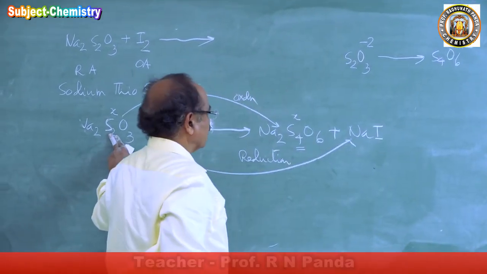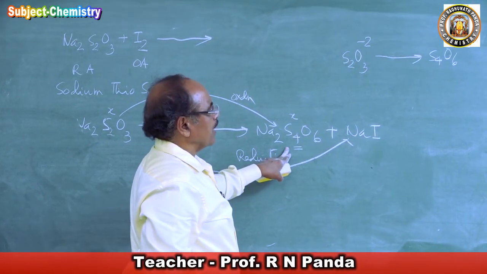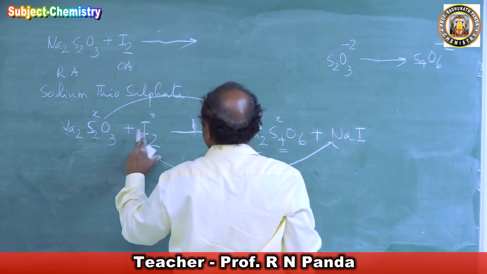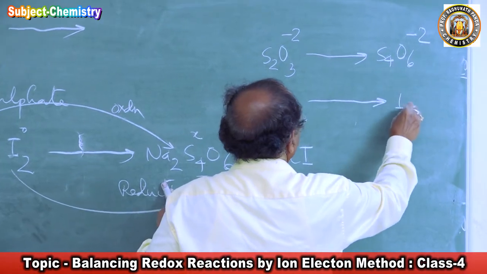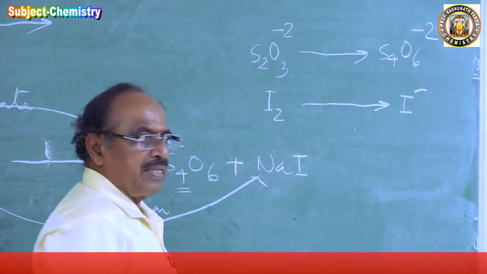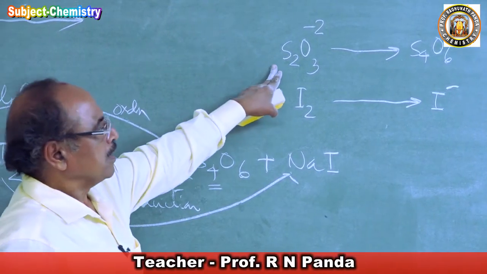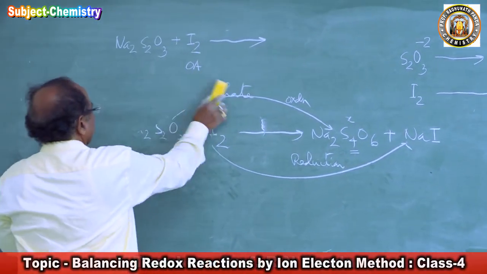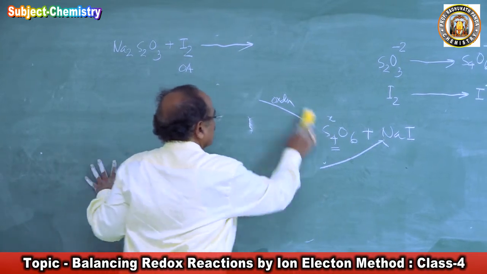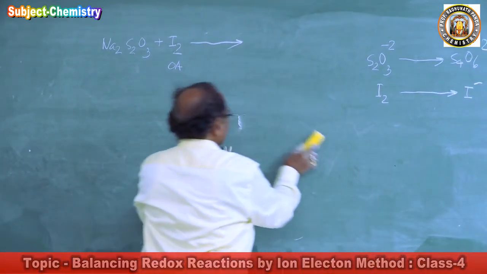Sodium thiosulfate is becoming sodium tetrathionate, and iodine is becoming I minus. We will balance this and we will balance this. So we find out the oxidized and reduced state of the substances in ionic form. We got it in the ionic form.